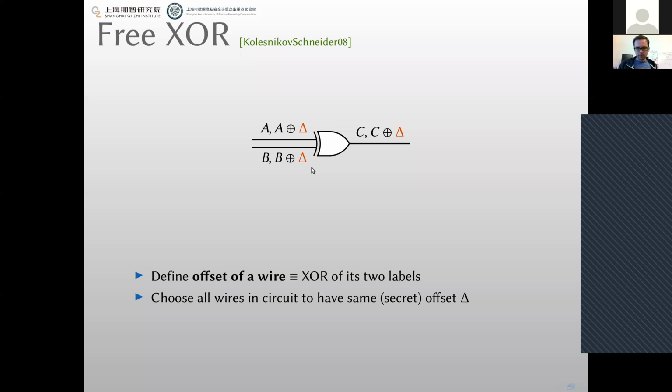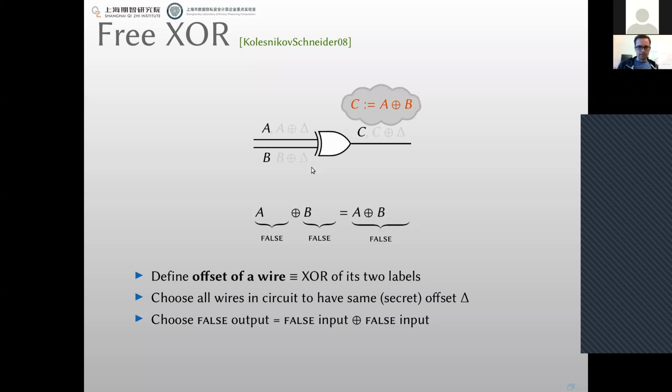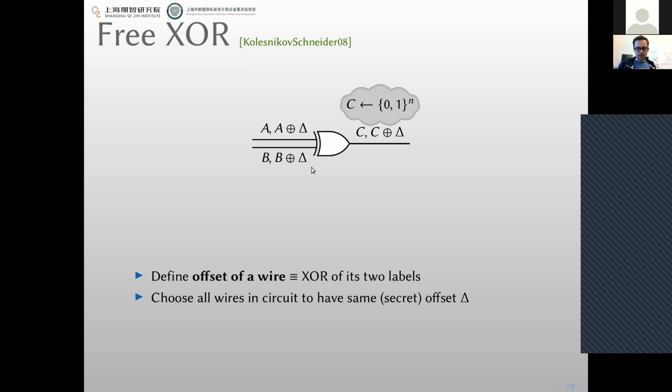Now, why would we want to do this? Because if you look at an XOR gate, instead of choosing the output false label randomly, let me back up. Once I choose delta, that's fixed for every wire in the circuit.